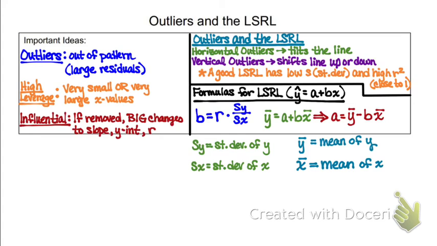When you guys are done copying this down, I do want you to try the check for understanding down at the bottom of the page. We will go over those pieces with our last couple minutes of class time.